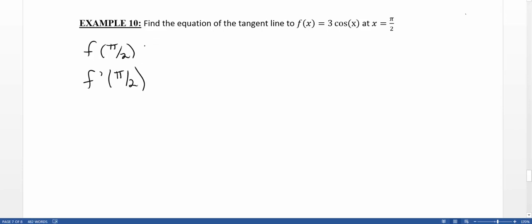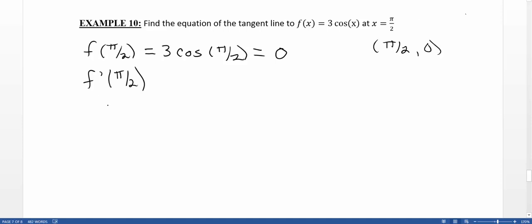So f of pi over 2 means we're plugging pi over 2 into our function. So 3 cosine of pi over 2. So cosine of pi over 2 is going to be 0. So that means 3 times 0, which is also 0, which means that our point here that we're working with is pi over 2, comma 0.